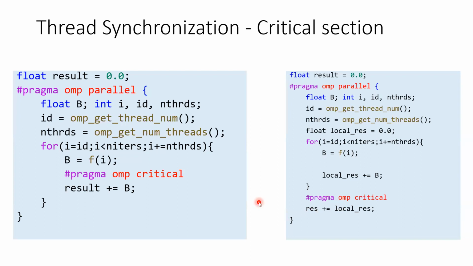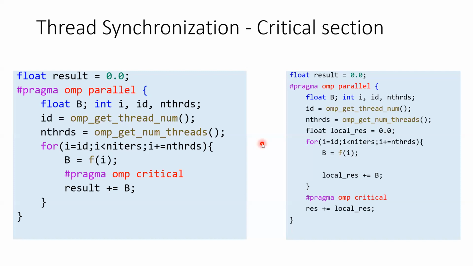Sir, just to make sure, every thread will have its own copy of local result, right? Yes, because it is defined inside the parallel for in this statement. Right, okay.